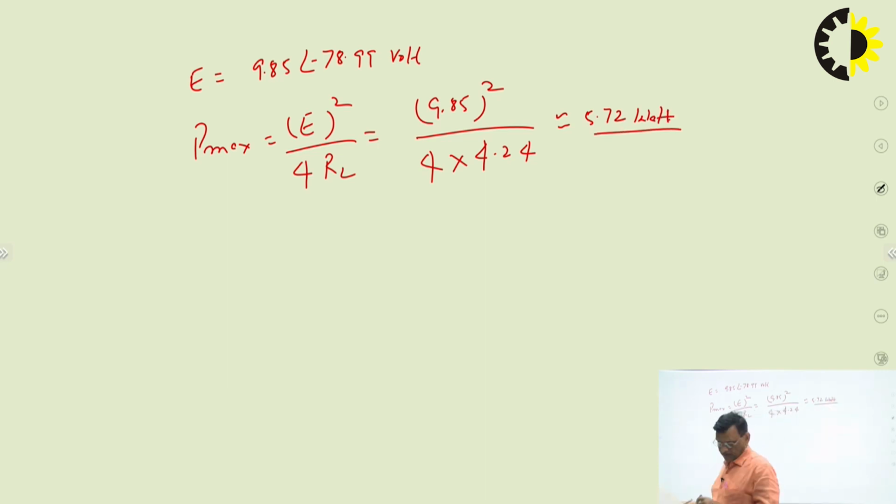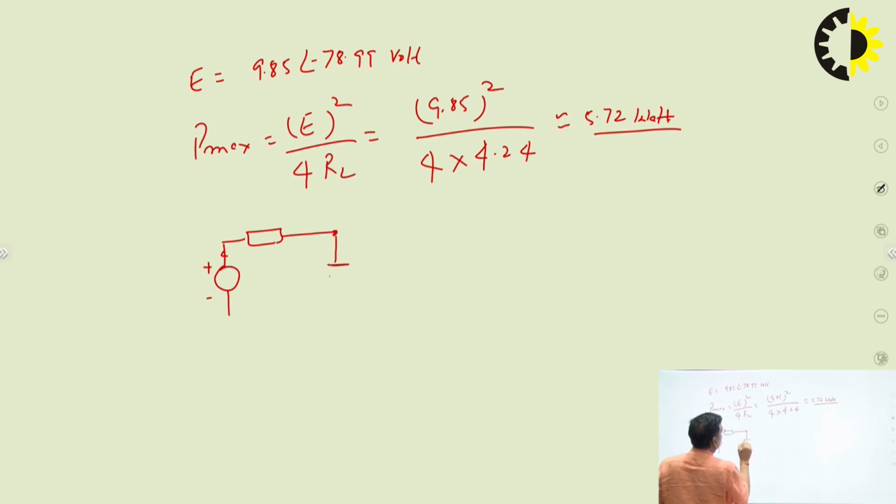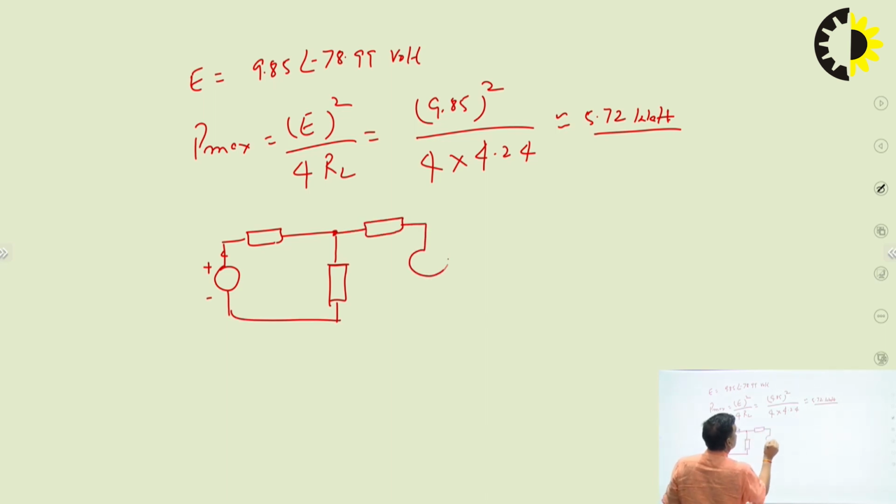So, this way we can carry out Millman's theorem. The procedure is very simple. What you have to do is convert the complex network, with E1, Z1, Z2, and Zn, into a simple one.